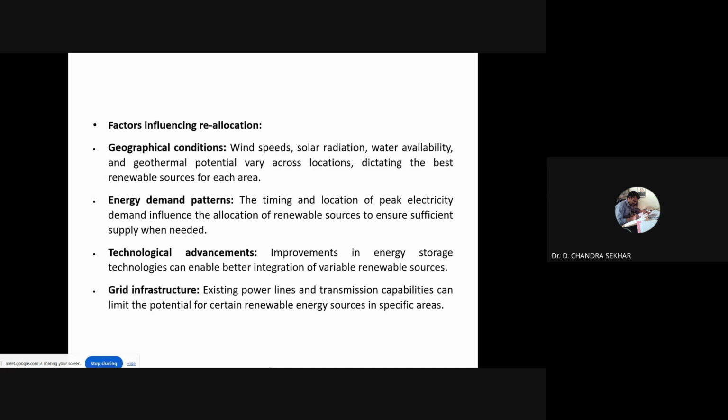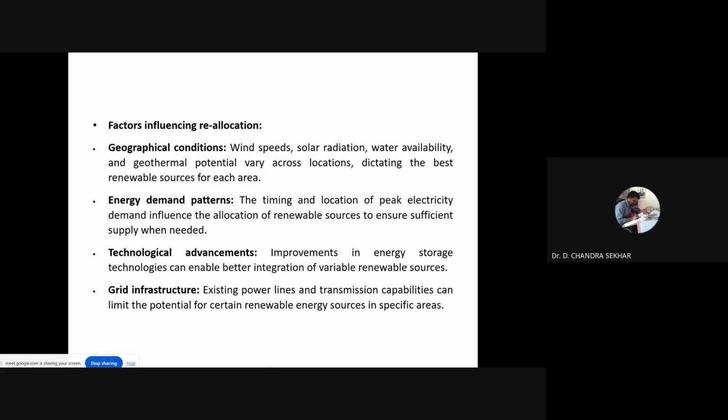These are changing with time. And water availability and geothermal potential vary across locations, which dictates the best renewable sources for each area. Energy demand patterns: the timing and location of peak electricity demand influence the allocation of renewable sources to ensure sufficient supply when needed.